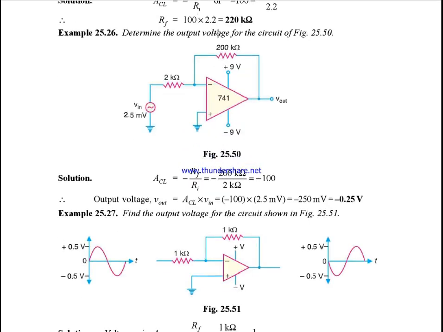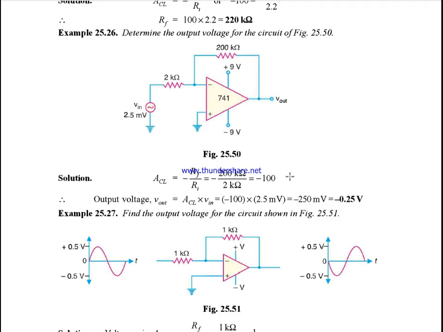Another problem is we have another configuration circuit, determine the output voltage. So first you have to check whether this is an inverting or a non-inverting amplifier. Since the input is connected to the inverting terminal, this is an inverting amplifier and the equation is minus Rf by Ri. Here the values of Rf and Ri are given and we can calculate gain.